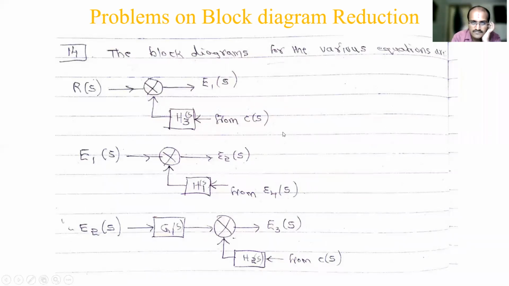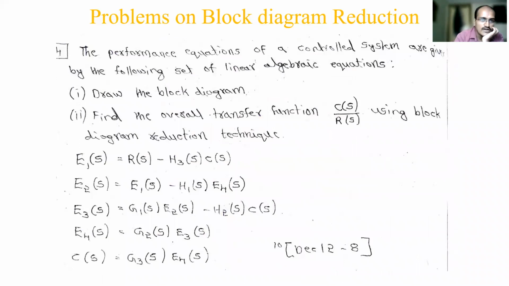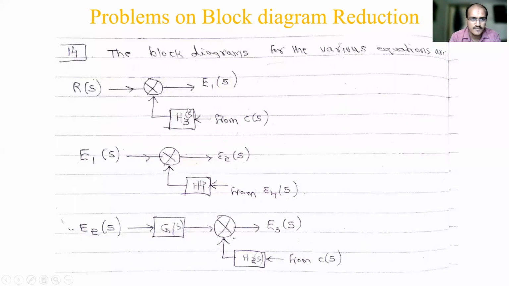So the first equation you remember: E1 of S equals R of S minus H3 of S into C of S. I will do the output of the first summing point. That's why I took the summing point and then took the output E1 of S. What is given? R of S is plus, meaning R of S is coming this side, and here it is plus.